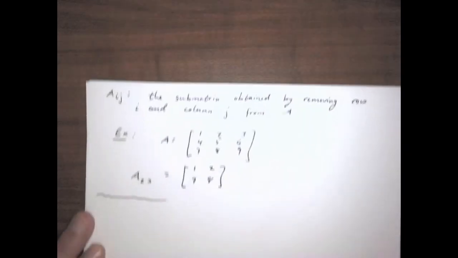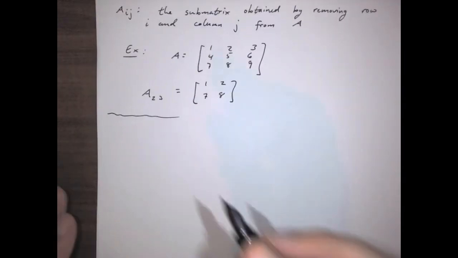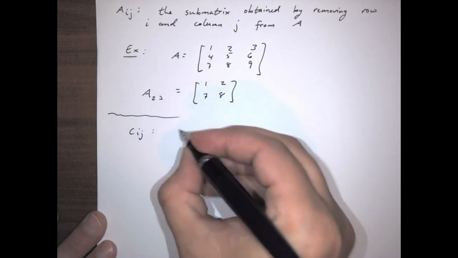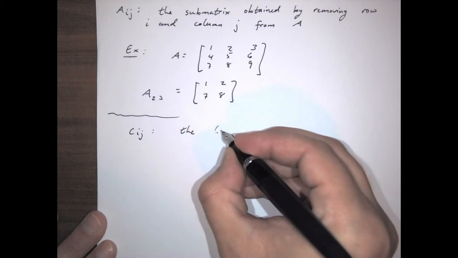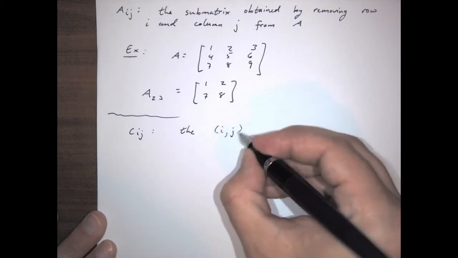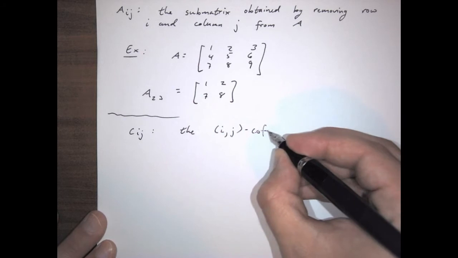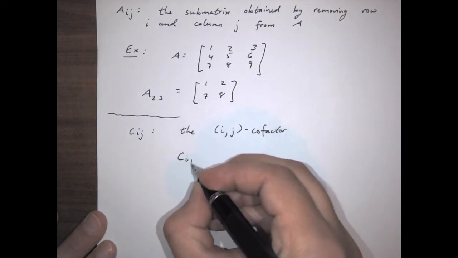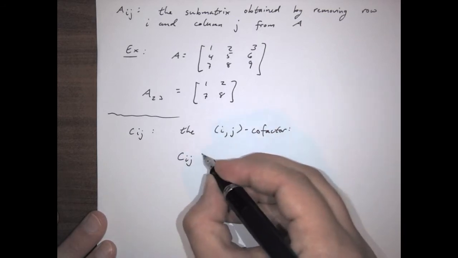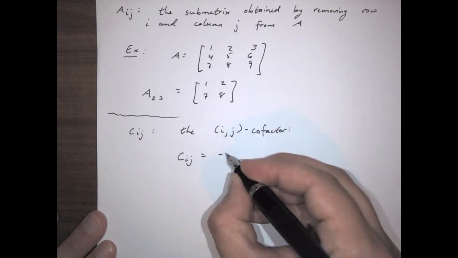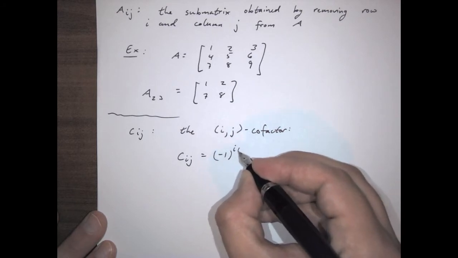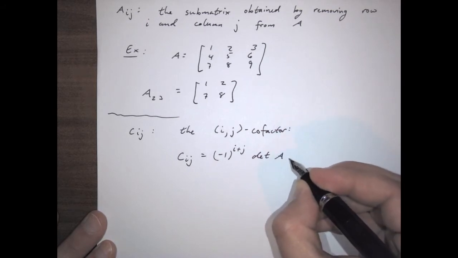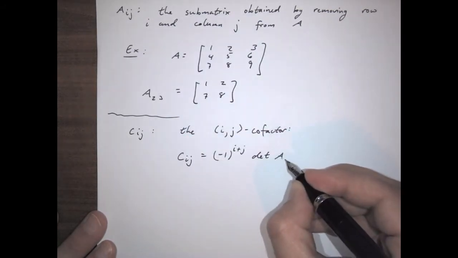And then the actual cofactors are this. We write C_ij. This represents the ij cofactor. And the way that is defined is C_ij is equal to (-1) to the i plus j times the determinant of that little submatrix we just made, A_ij.